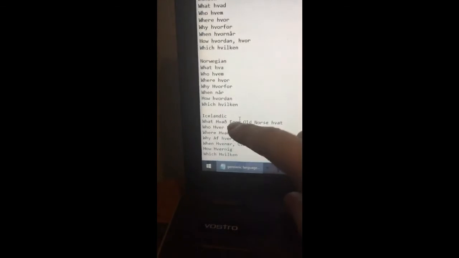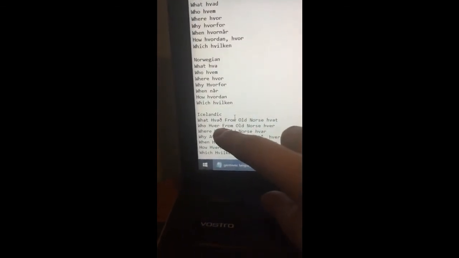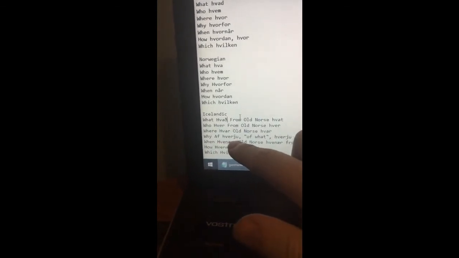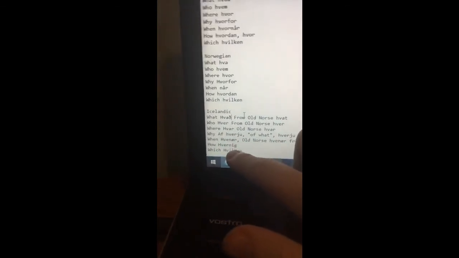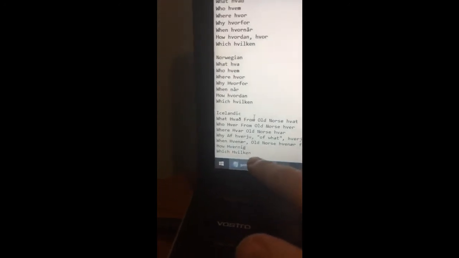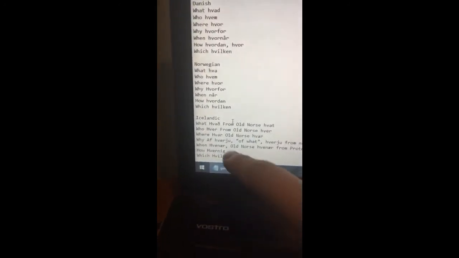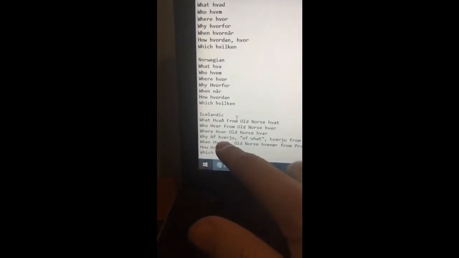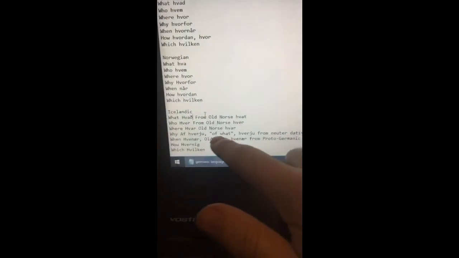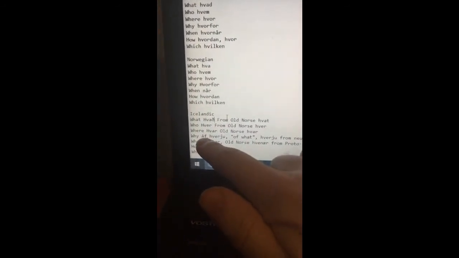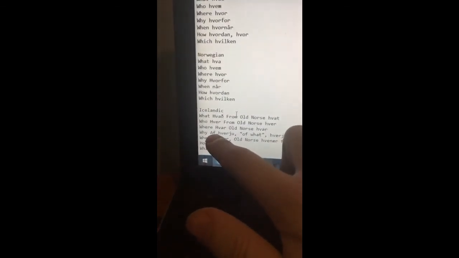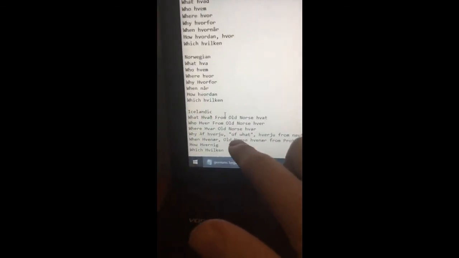And finally, we have Icelandic what? So hvað, hver, hvar, af hverju, hvenær, hvenær, hvilken. So what's interesting about this is that we've got another idiom here, or two-word phrase, af hverju, which means of what. So af is related to English of, so of what, you can see there.